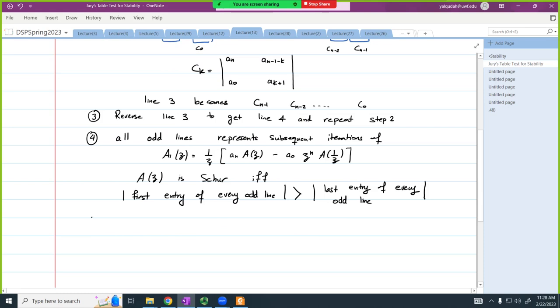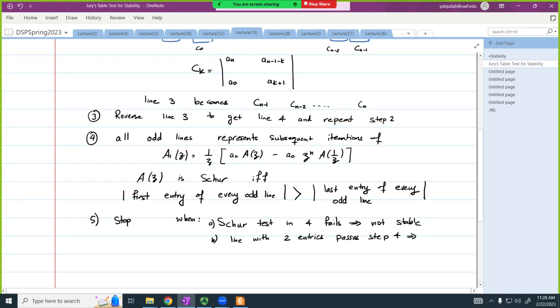And therefore, the fifth step, we can stop when either A, the Schur test fails, and in this case the system is not stable, or B, when the line with only 2 entries passes step 4. And in this case, the system is stable.